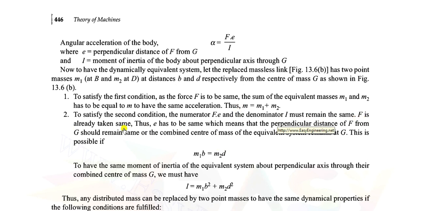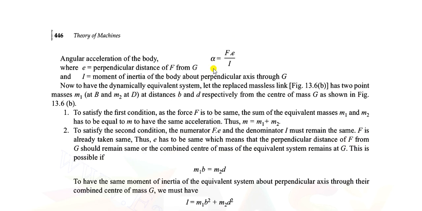So f is already taken the same. If f is the same, e has to be the same, which means that the perpendicular distance of f from g should remain the same.